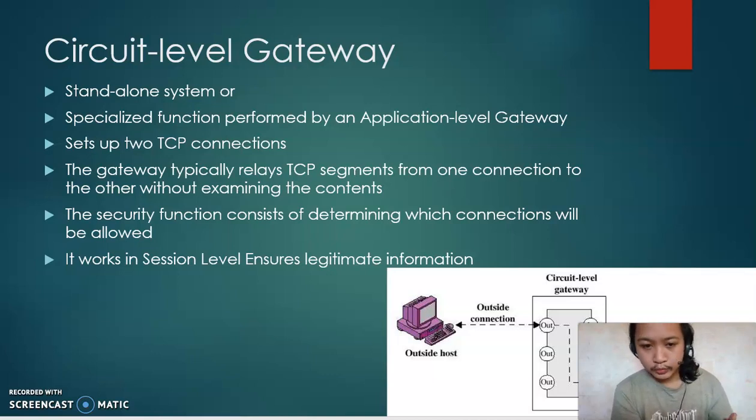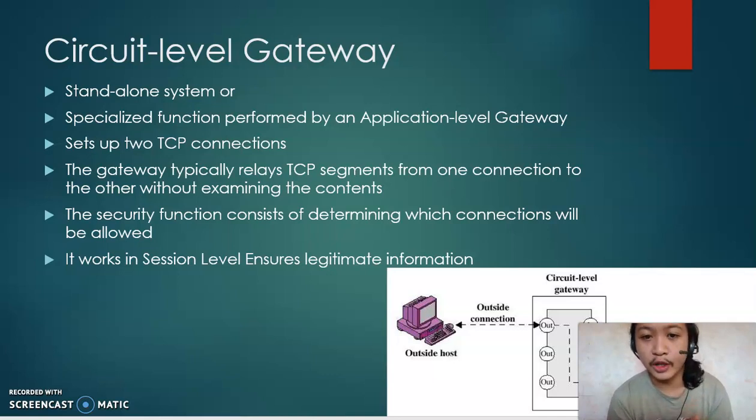Okay, then the company server authenticates you: oh, this is the IP that registered before, so I'll give them the information they need. The circuit level gateway is a function of this, and it also works on the application level gateway, so basically HTTP, Telnet, and so on, with the layers of the OSI model.